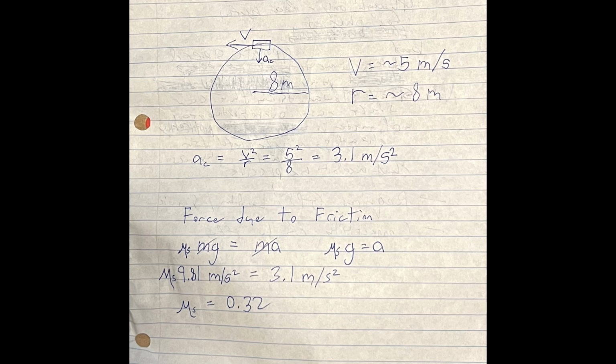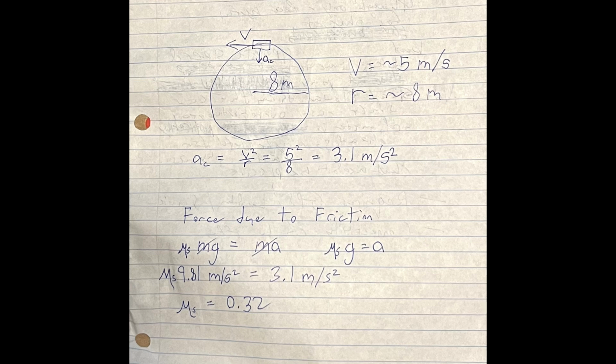Now, to convert from our acceleration to our force due to friction between the tires and the concrete, we did this equation. Mu s mg is equal to our total mass times acceleration. We can cancel out m on both sides, and we are left with mu s g is equal to our acceleration.